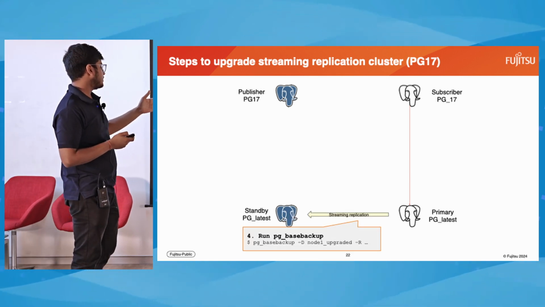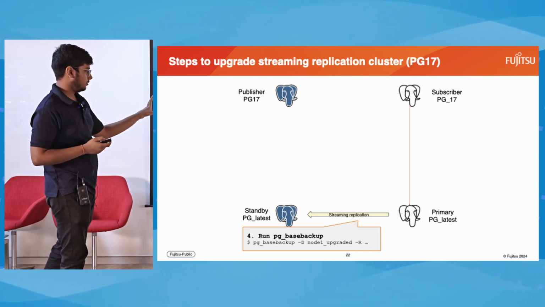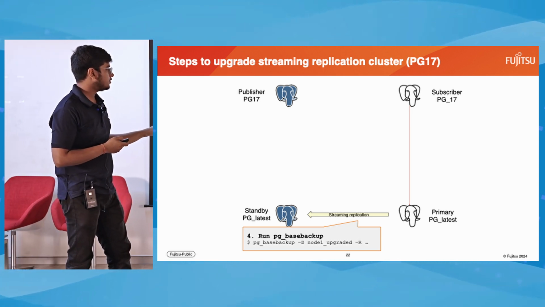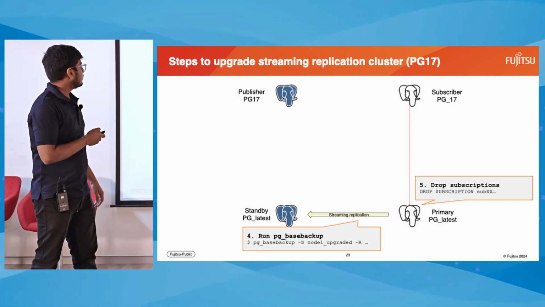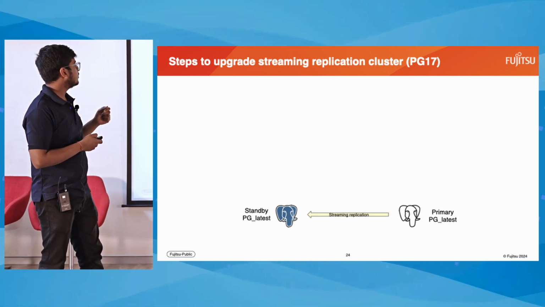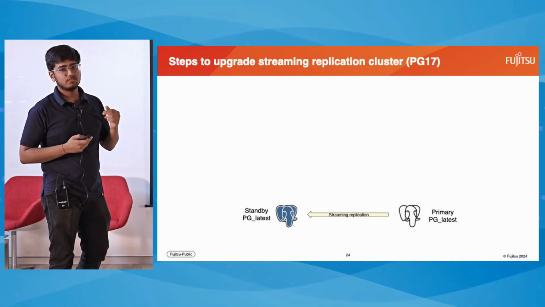Now we take a pg_basebackup of node 2, and we can establish the streaming replication and drop all the subscriptions on node 2. So we can see that the steps are much reduced in case of PG17.